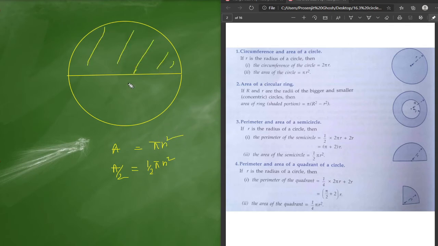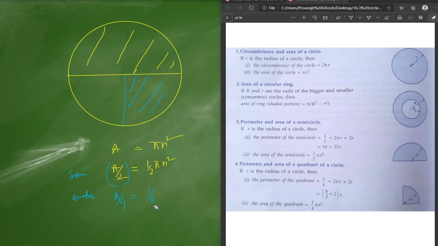Simple. Okay, what should be the quarter part? Let me mark it over here also. This is the quarter part, that is the 1/4 part. Then what should be the area of the quarter? Let me write this one as semi and this one as quarter. As the semicircle is already A by 2, it's halved. For the quarter it is divided by 4, A by 4.